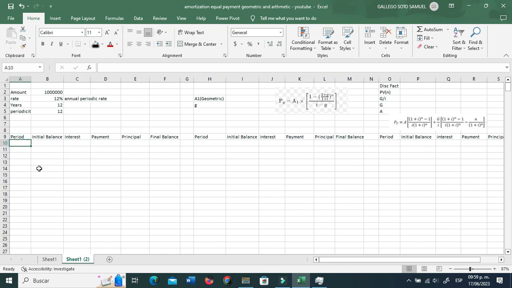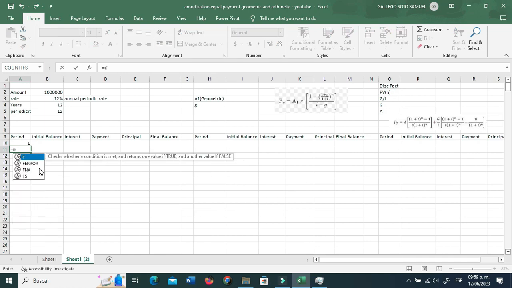So let's just go ahead and start. For the period, let's start off with 1. We're going to be using the same formula for everything, so we're going to be copying and pasting it all over the amortization table. Remember what we did before: if the value above equals nothing, then type nothing.